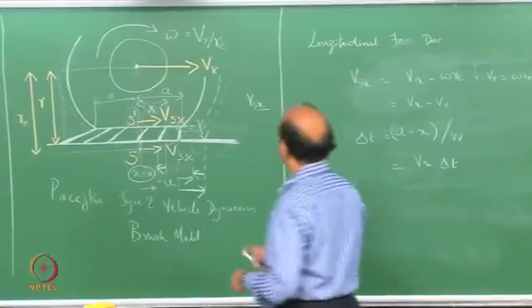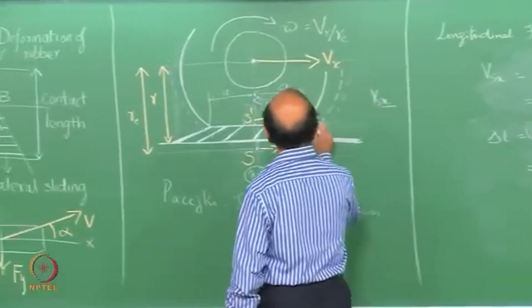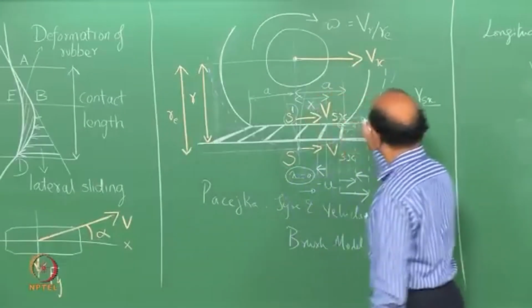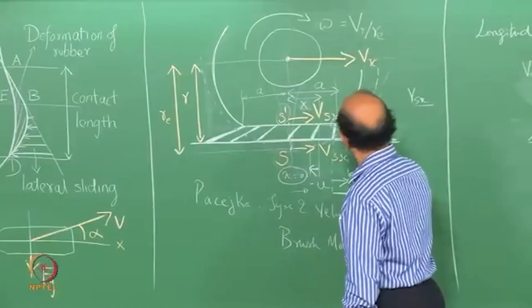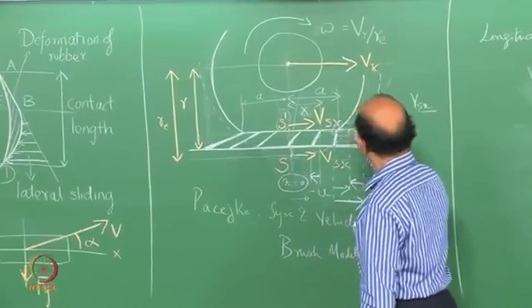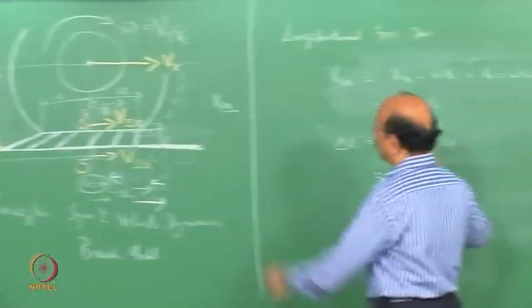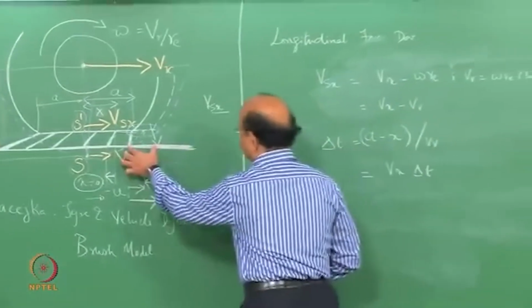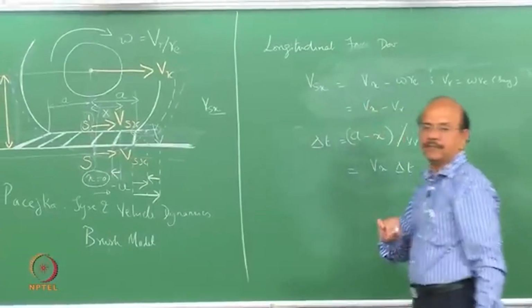Right. So you can say that the distance moved from here to here, this distance is a minus x, and this distance is equal to Vx into delta t.